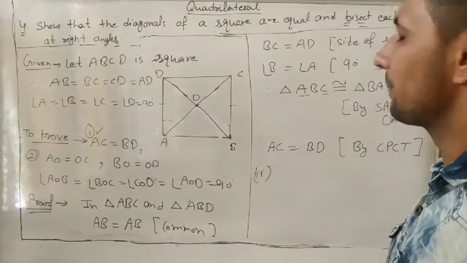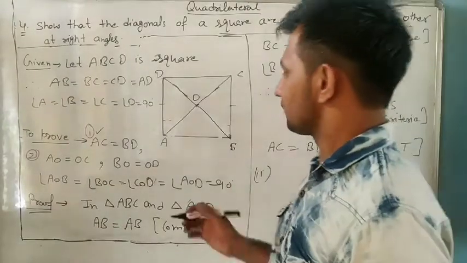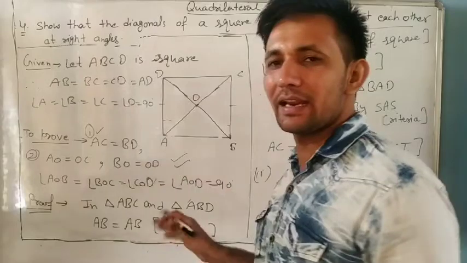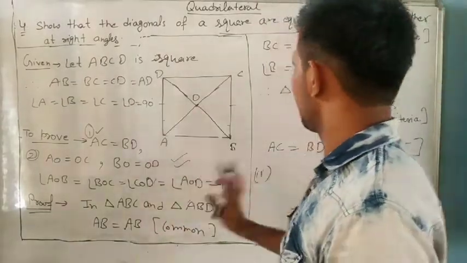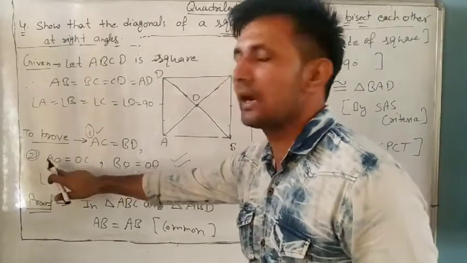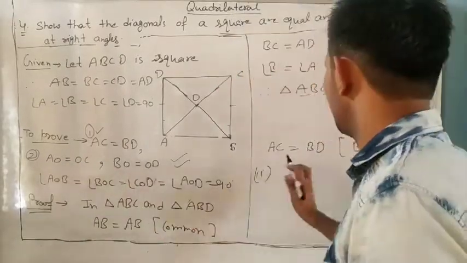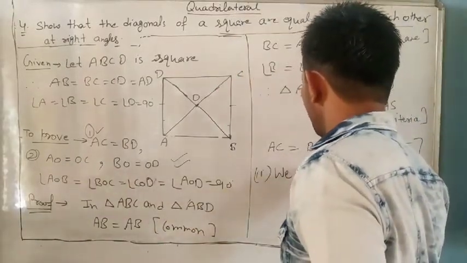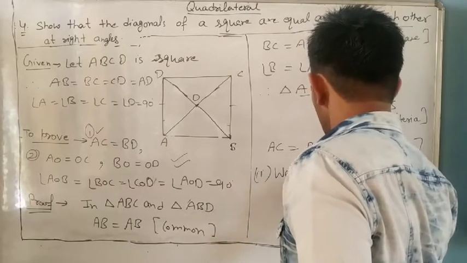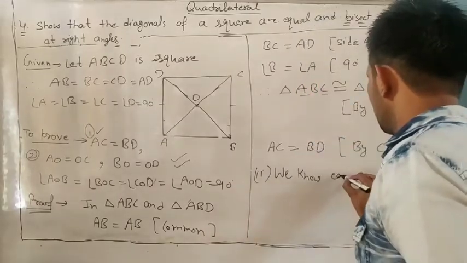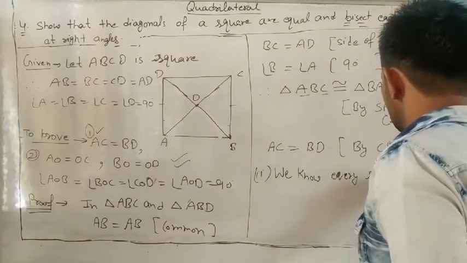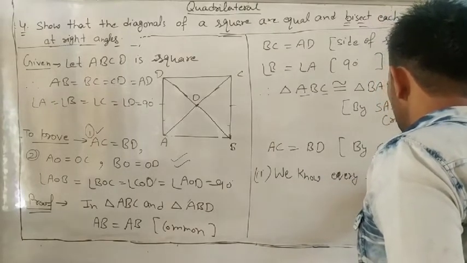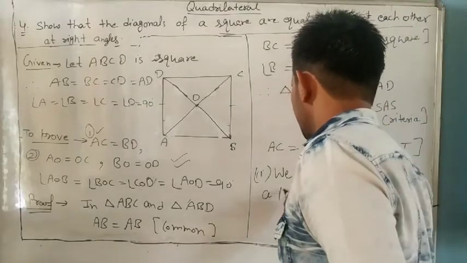Otherwise, you can use a second way. If you don't want to write it directly, you can write like this. First I am writing here, we want to prove that the diagonals bisect. Okay, so first we will write, we know every square is a parallelogram.